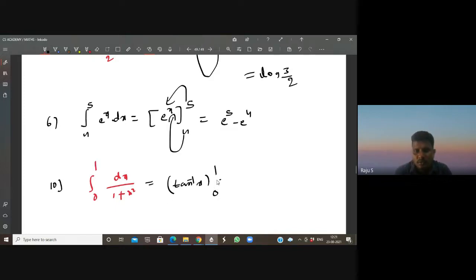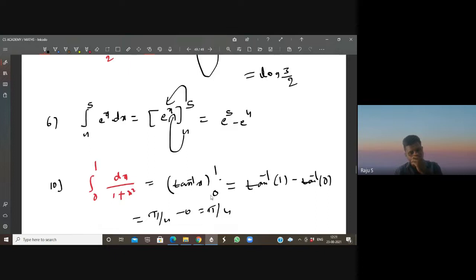Now 0 to 1, substitute upper limit. What is tan inverse 1? Pi by 4, minus 0. That is pi by 4. Got it? Tan inverse 1 is pi by 4 and tan inverse 0 is 0.